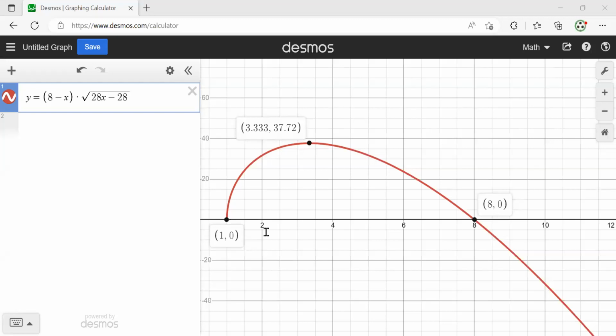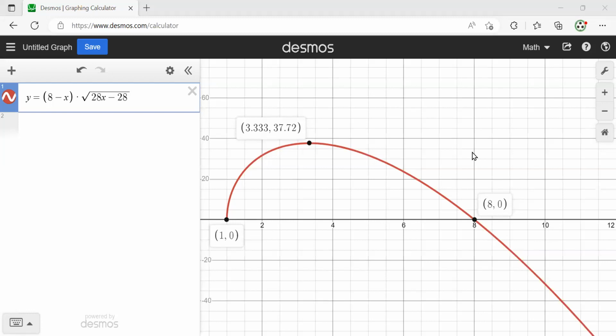The area. Yes, the area. Okay, good. So y equals 0 means the area is 0. Why is the area equal to 0? Cannot be told from just plotting the graph.